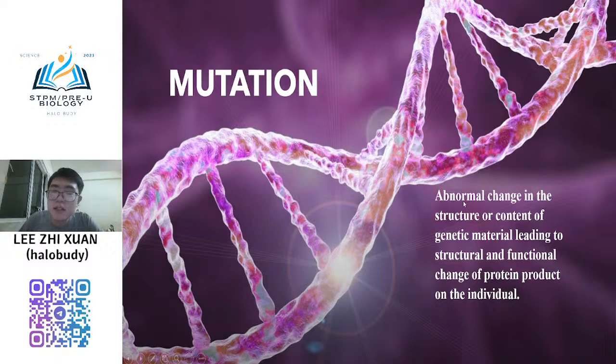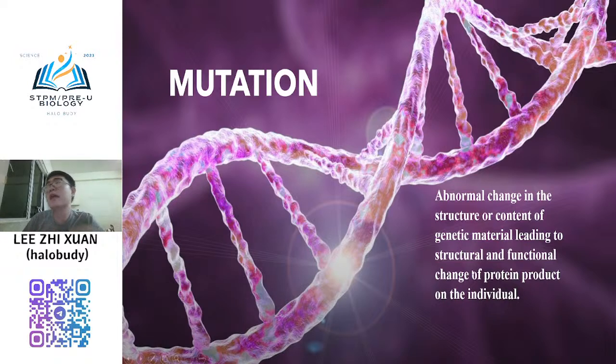Mutation is an abnormal change in the structure or content of genetic material, leading to structural and functional change of the protein product. So mutation is when there is an abnormal change in the genetic material sequence, a sudden change.